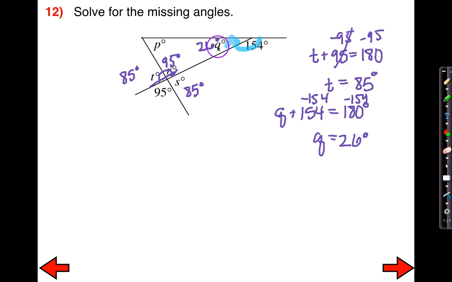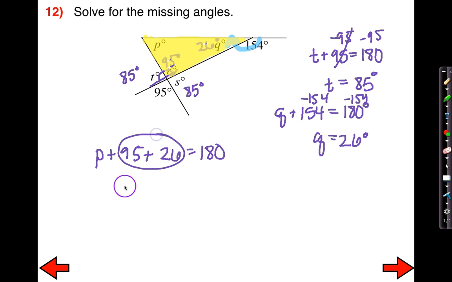Well, now that we know Q, we have a way of figuring out what P is. I can focus my attention on this triangle right here. And again, I know that the sum of all interior angles in a triangle add up to 180 degrees. So I can set it up as P plus, I know this is now 95, plus 26 equals 180. So we're going to combine like terms and get left with P plus 121 equals 180 degrees.